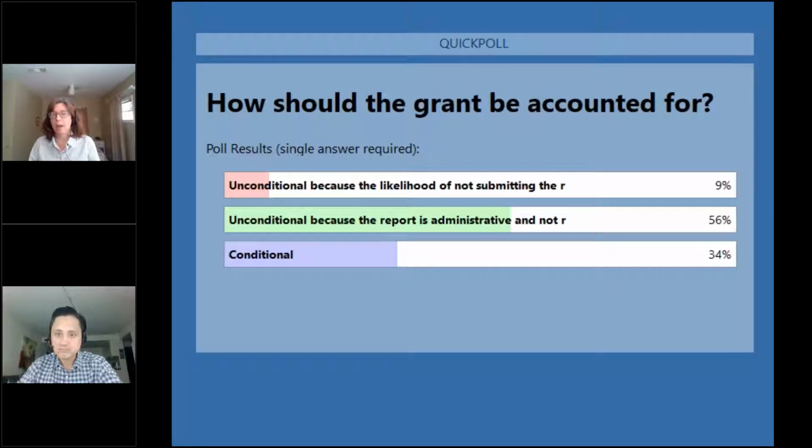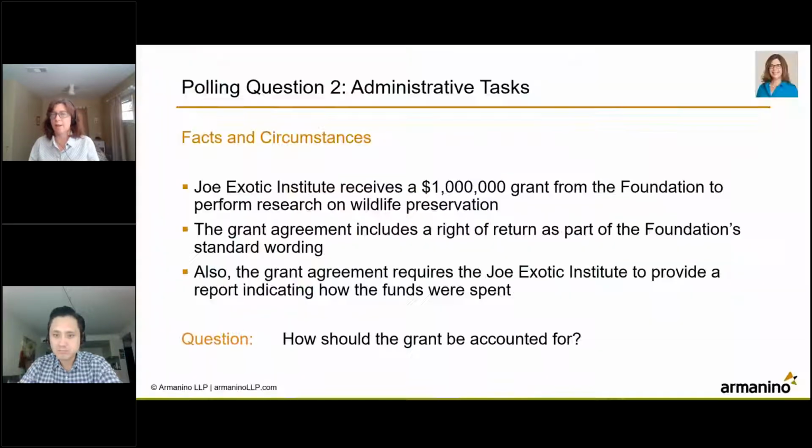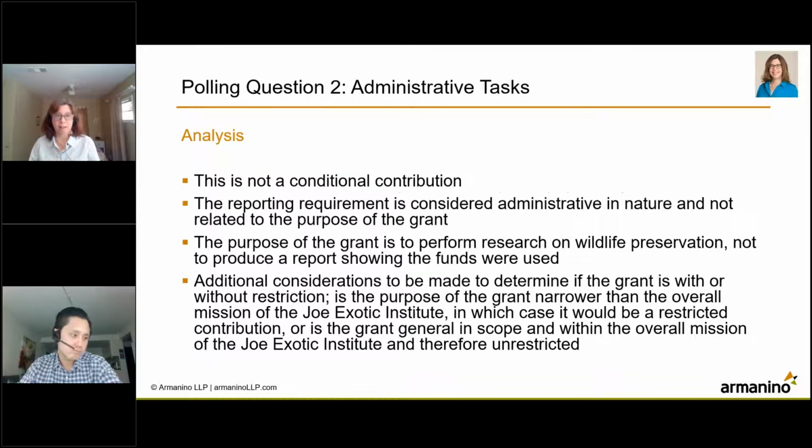So let's go into the analysis on this one. And the answer is that it is not a conditional contribution. The reason why is that the reporting requirement is administrative in nature.